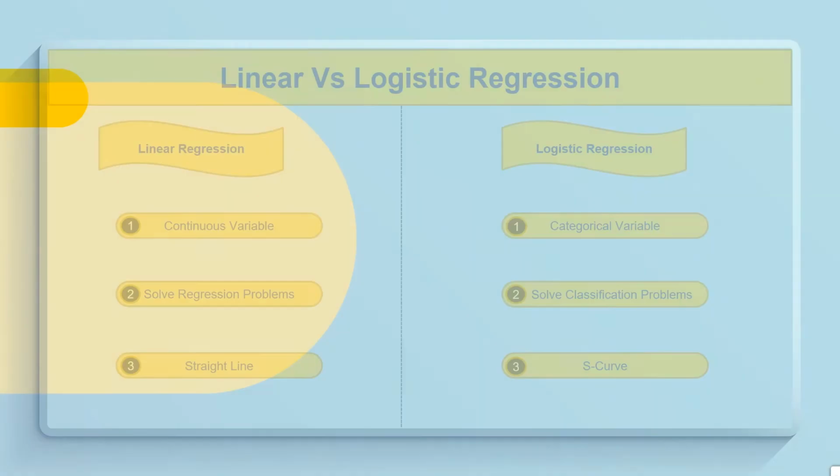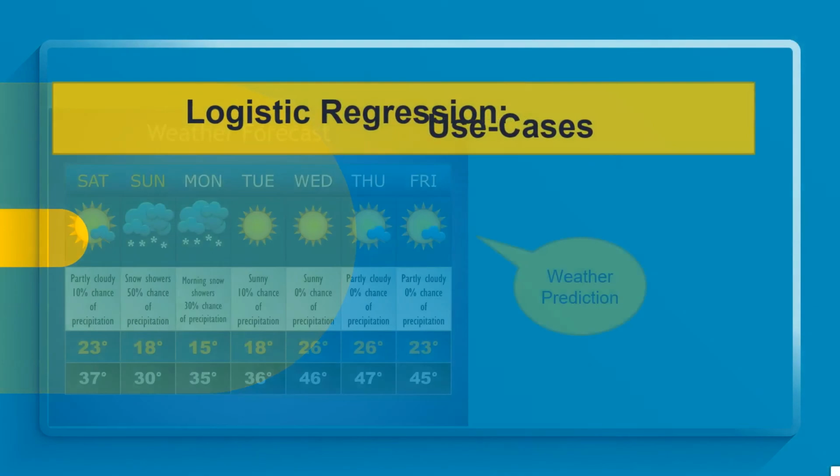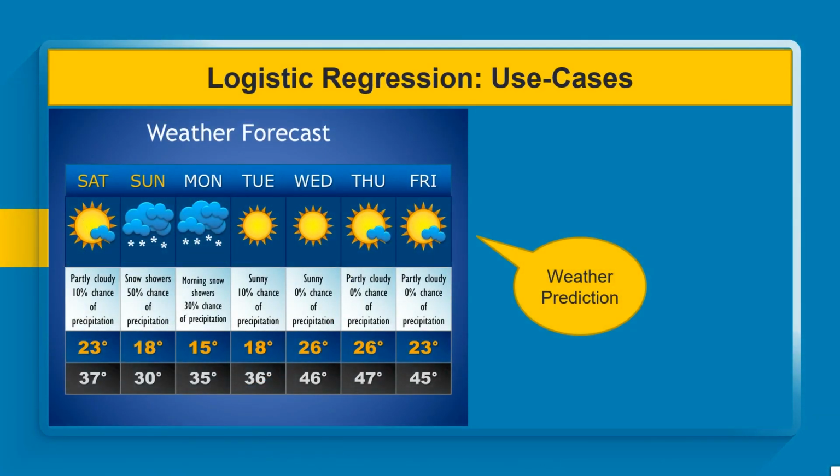Moving ahead, let us see the various use cases where logistic regression is implemented in real life. The very first is weather prediction. Logistic regression helps you predict the weather. For example, it is used to predict whether it is raining or not, whether it is sunny or cloudy or not. Keep in mind that both linear regression and logistic regression can be used in predicting the weather.